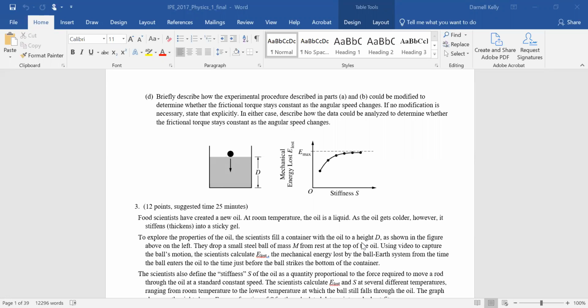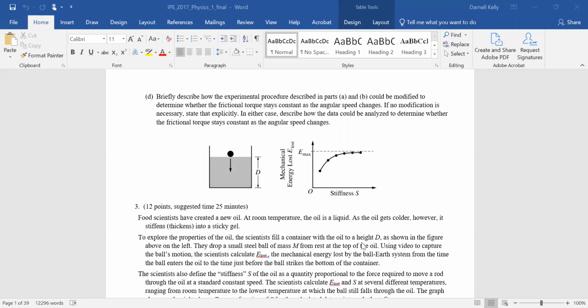Using video to capture the ball's motion, the scientists calculate E lost, mechanical energy lost by the ball-Earth system from the time the ball enters the oil to the time just before the ball strikes the bottom of the container. So it stiffens up, it gets thicker, so it's going to get slower as it goes.